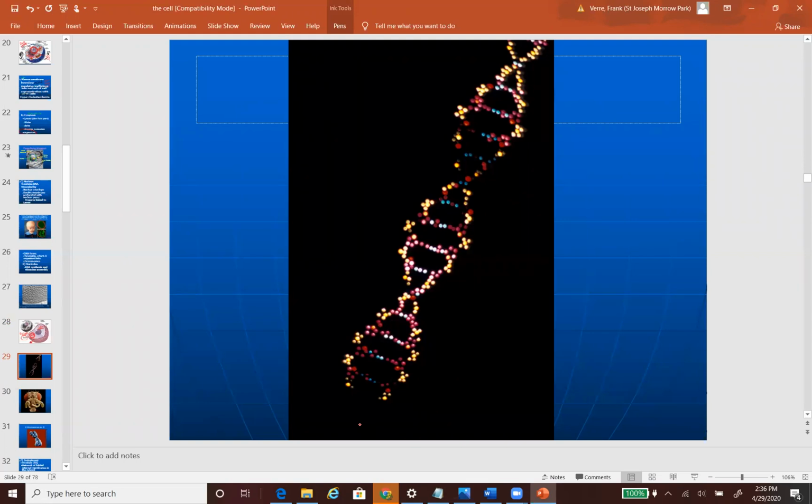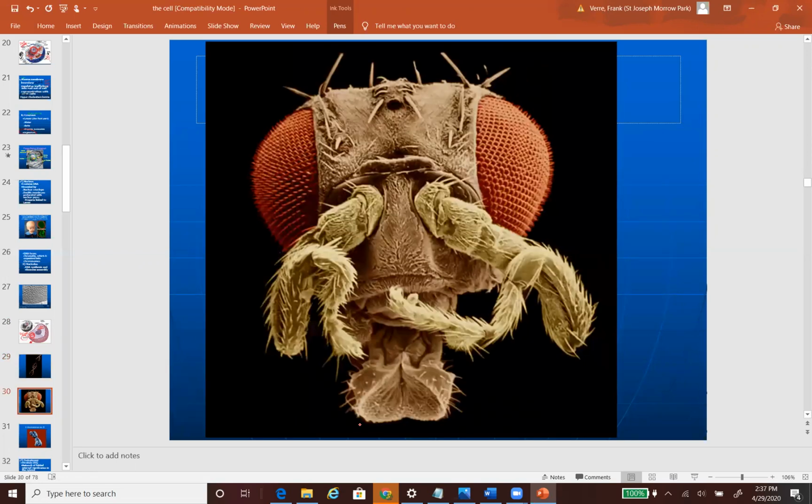So this is where you would find the instructions on how to make things like insulin, hemoglobin. Also in here are the instructions that determine things like hair color, skin color, and so on and so forth.